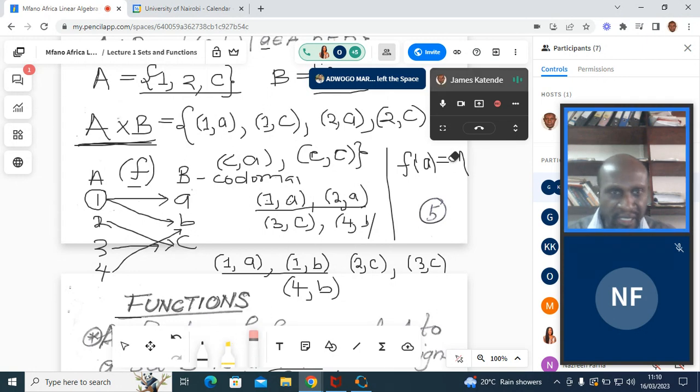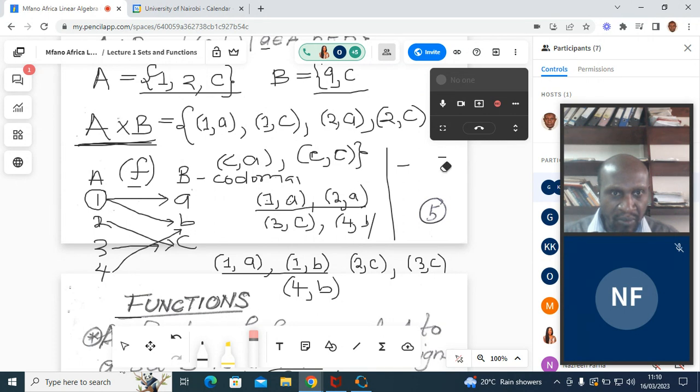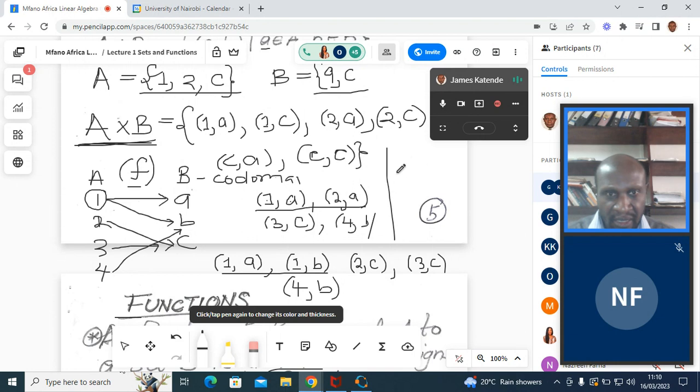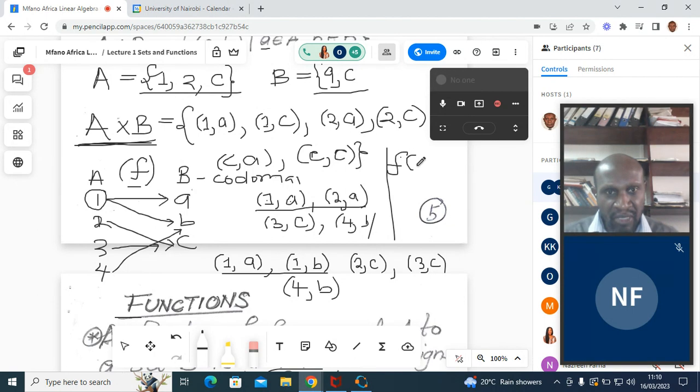I'll just delete it. Since 1 is sent to A, we write this as f acting on 1, or f of 1 is equal to A. So this notation is also important to understand. That means f of 1 is equal to A.